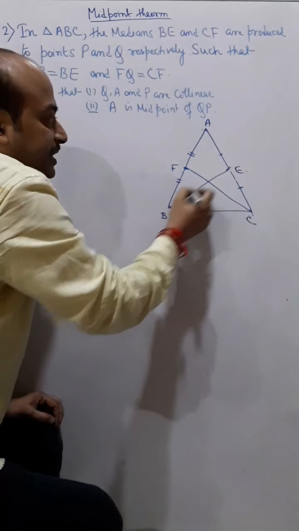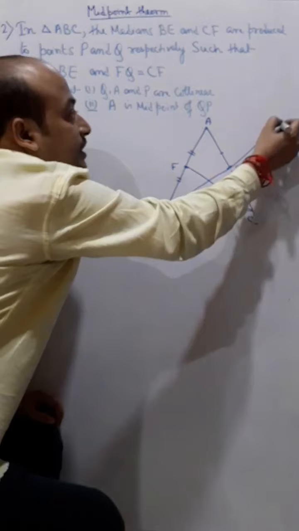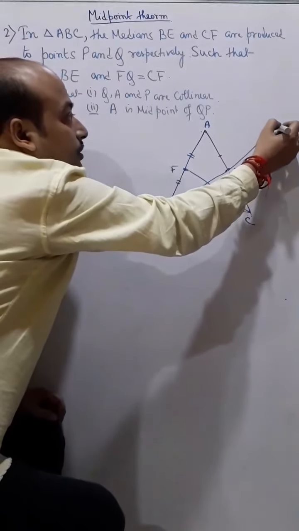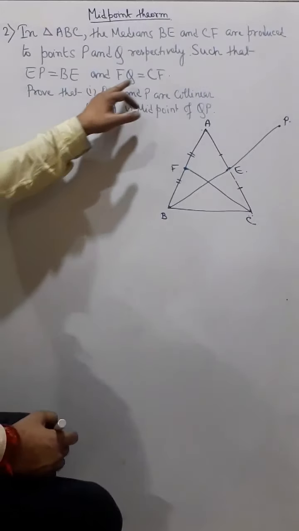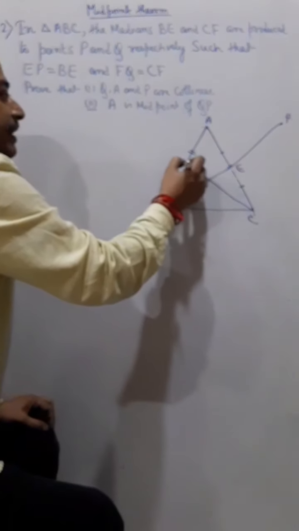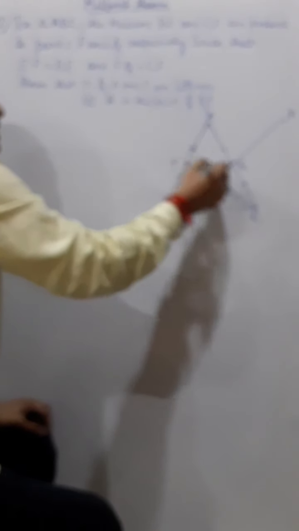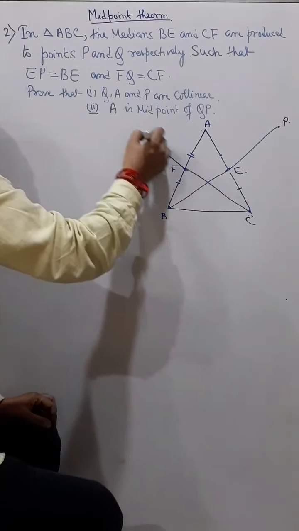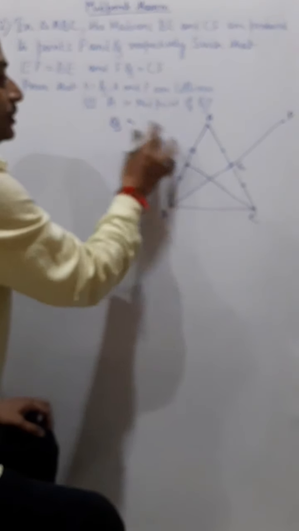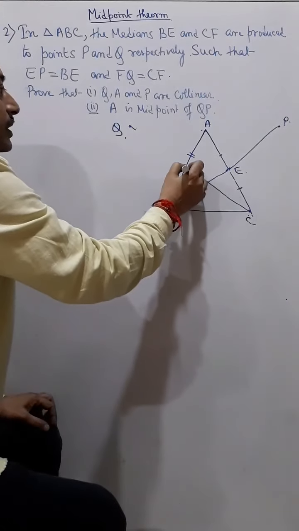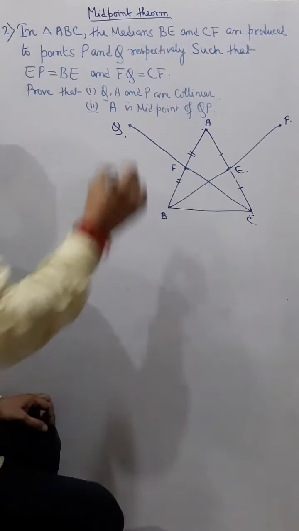So this BE should be equal to EP. Okay, say P is here, and similarly FQ will be equal to CF. So CF will be extended, and CF will be equal to FQ. So Q will be here like this.